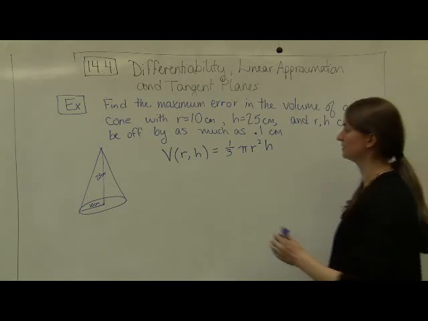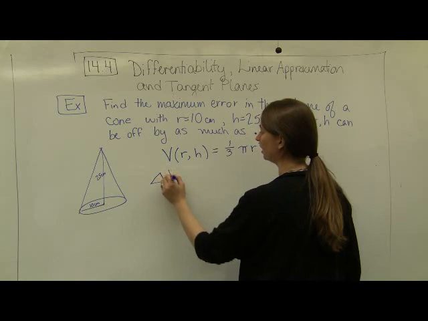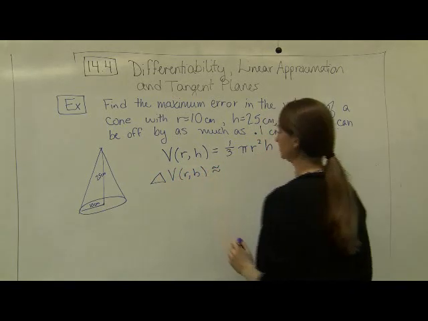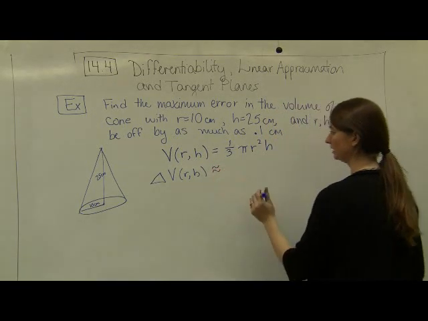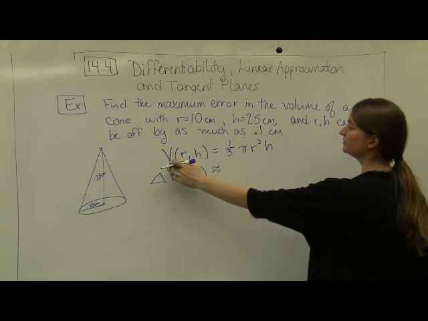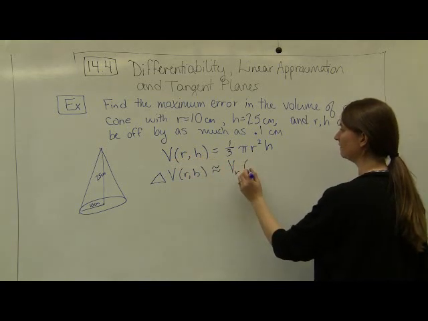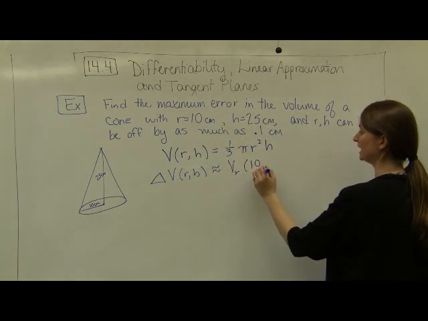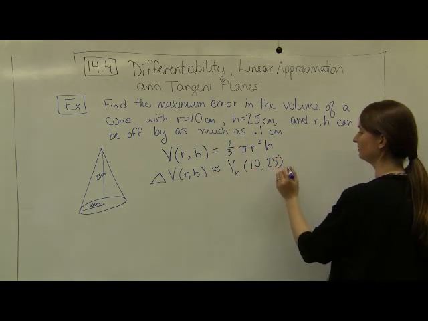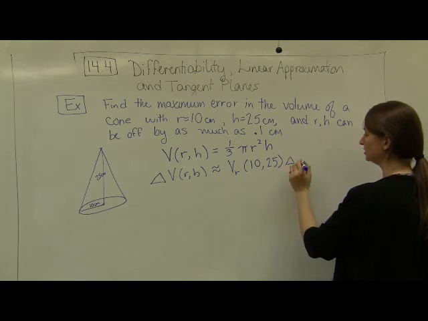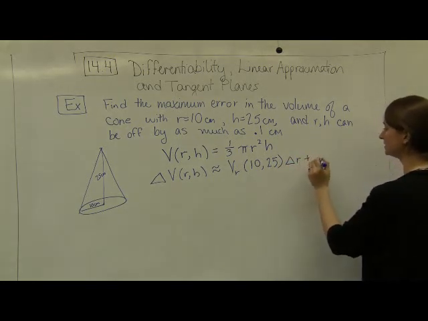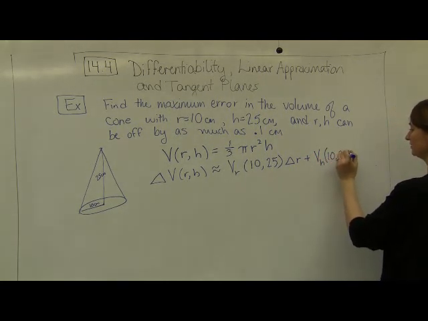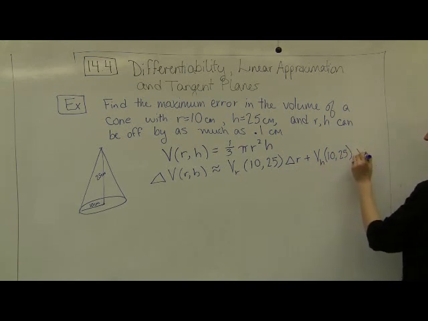So for our error approximation, we know that our delta V amount is going to be about equal to our partial derivative of V with respect to r evaluated at our approximation point, in this case where r is equal to 10 and our height is equal to 25, times our change in r, plus our partial derivative of V with respect to height, also evaluated at (10, 25), times our change in h.